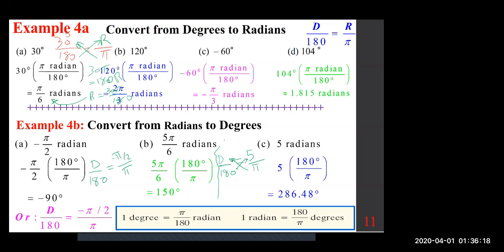Pi times D, and then 5 times 180. So you can say pi times D is 5 times 180.